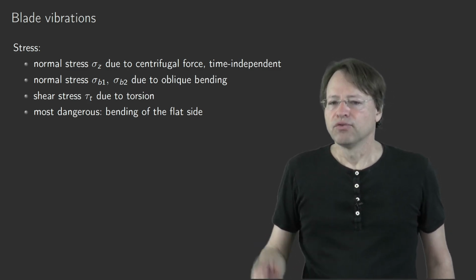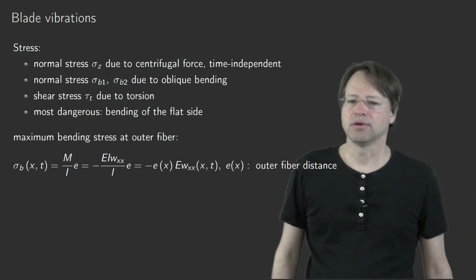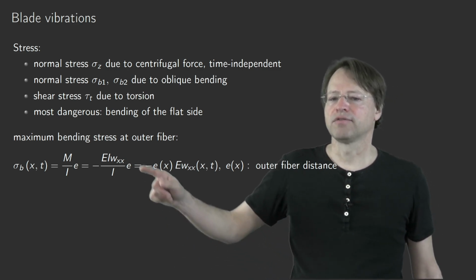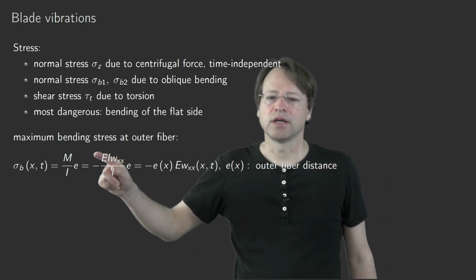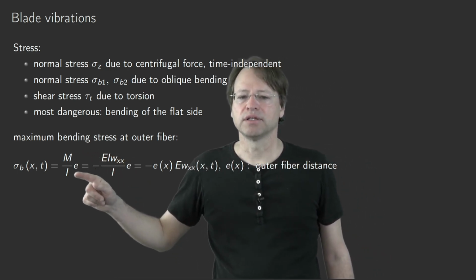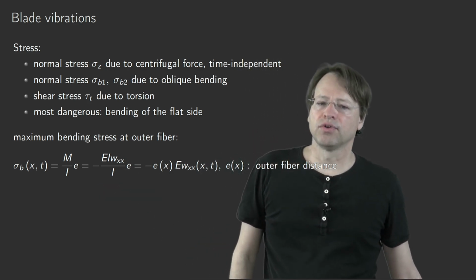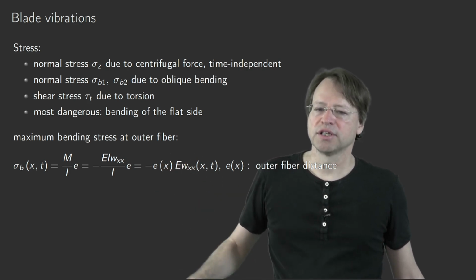So for bending, we need the maximum bending stress, and that occurs at the outer fiber and is given by the following formula. You have, which you know from engineering mechanics 2, the bending torque divided by the second moment of area, times e, the distance of the outer fiber from the geometric center.